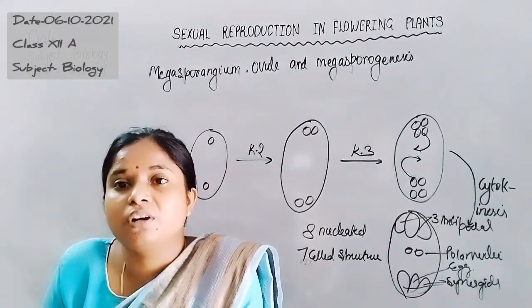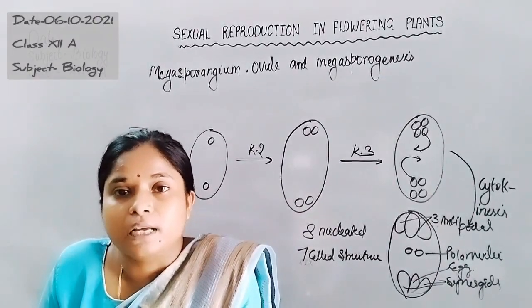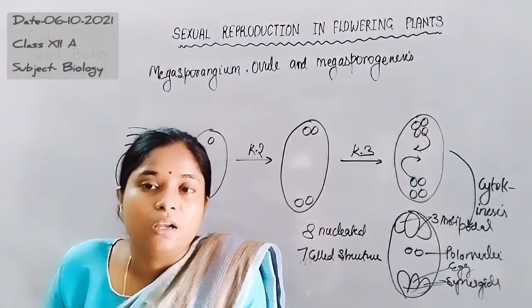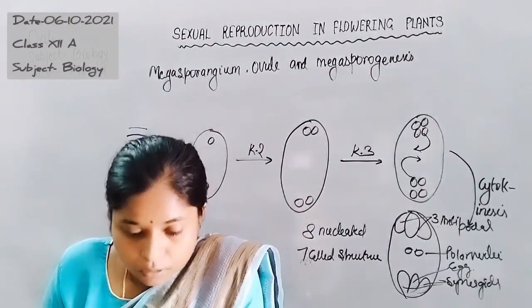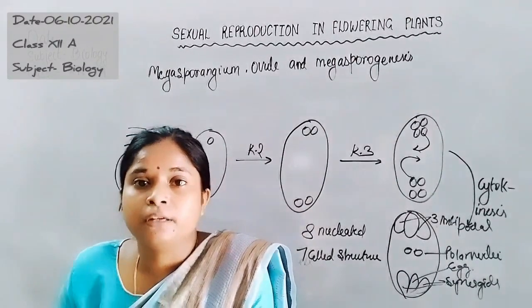So overall an 8-nucleated, 7-celled structure forms in the embryo sac. Now, the formation and development of the embryo.